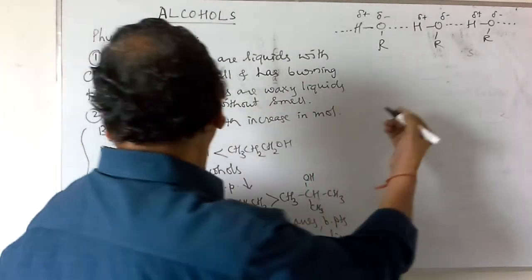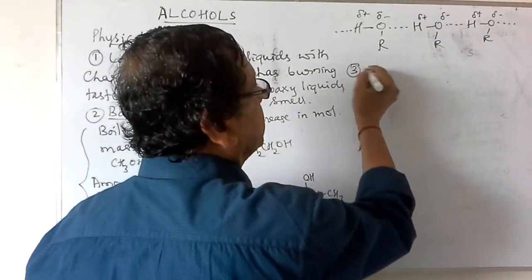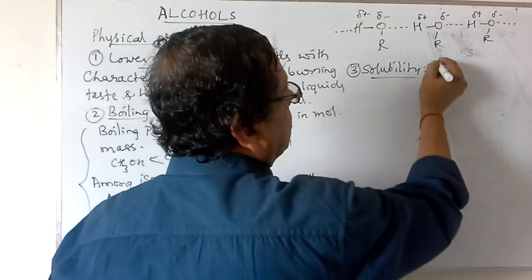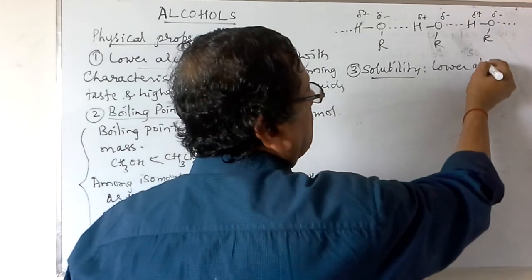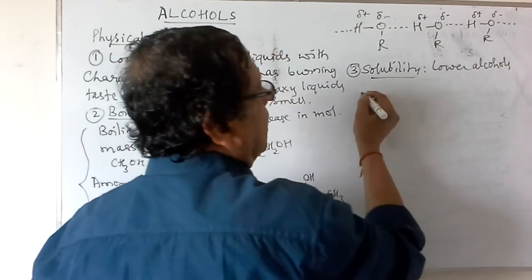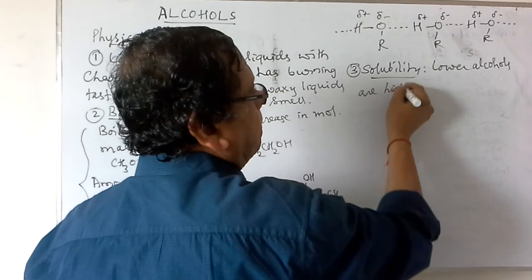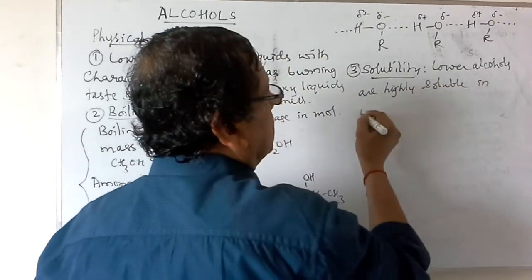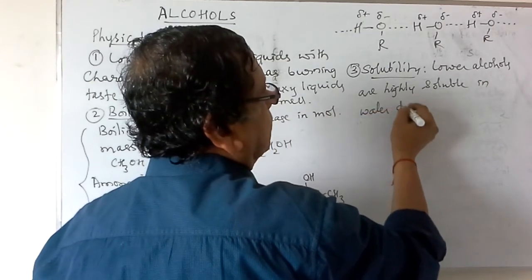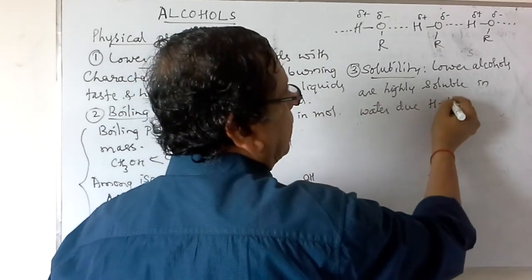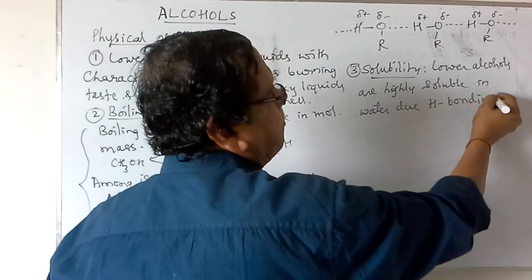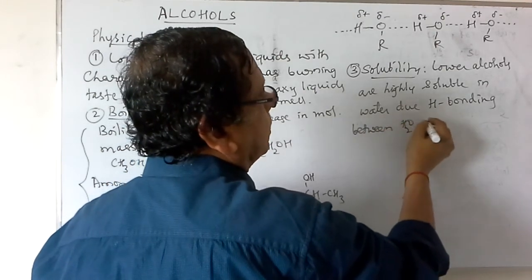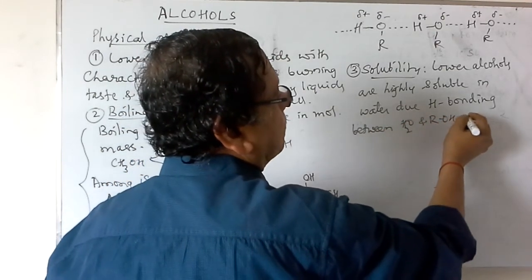The same reason we can give for the next property, that is solubility. Lower alcohols are highly soluble in water. This is due to hydrogen bonding again, between H2O and alcohol molecules.